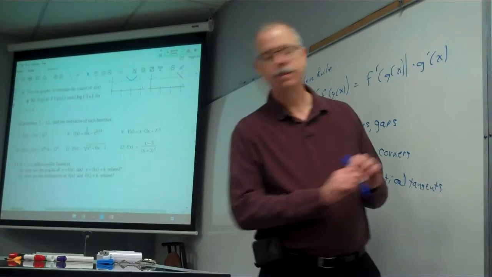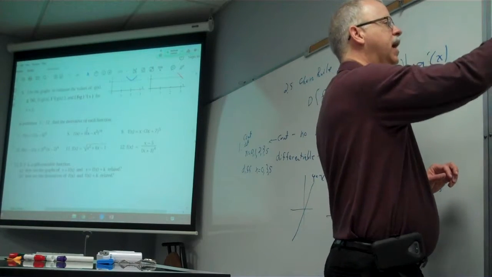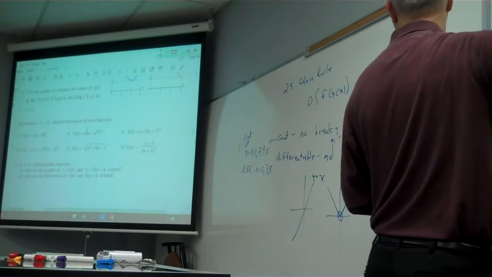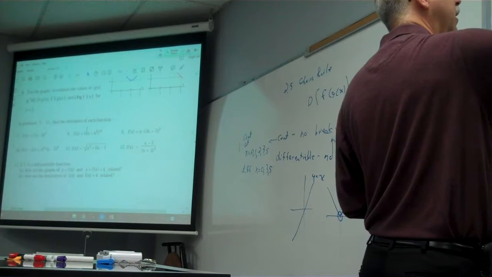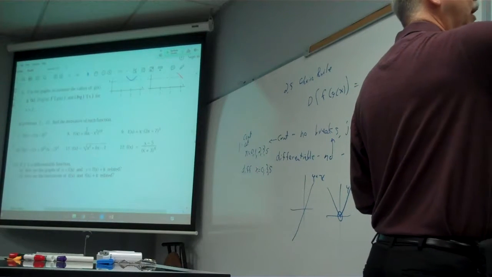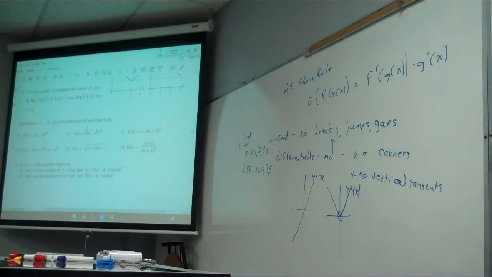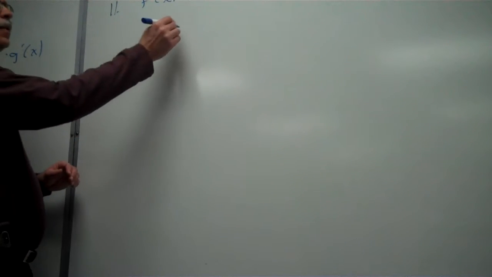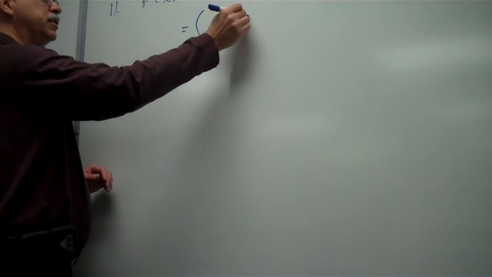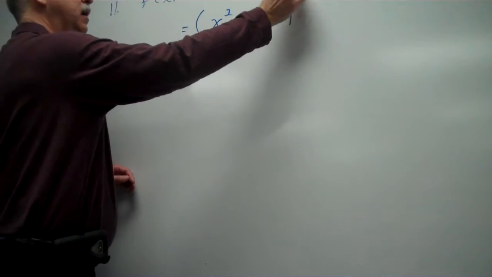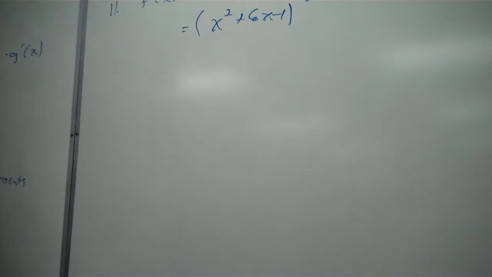So 11, we've got our function f of x is the square root of x squared plus 6x minus 1. So it is a composition. We've got something other than just the square root of x. For the derivative, it's probably better to recognize this as x squared plus 6x minus 1 to the 1/2 power.